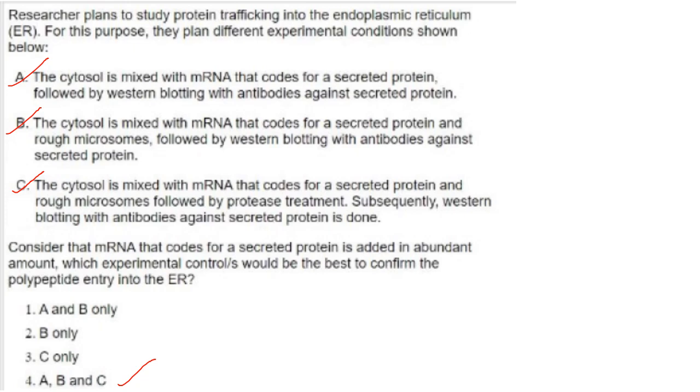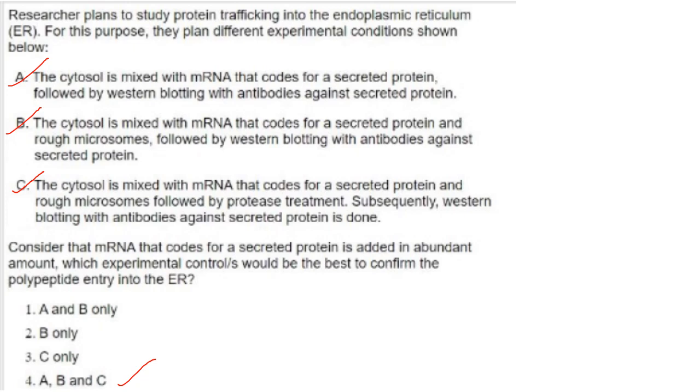Then next one. The cytosol is mixed with mRNA that codes for a secreted protein and rough microsomes. Rough microsomes means small endoplasmic reticulum particles carrying ribosomes, followed by Western blotting with antibodies against the secreted protein. Here the protein formed via translation of the mRNA using the cytosolic component will also enter the microsomes.